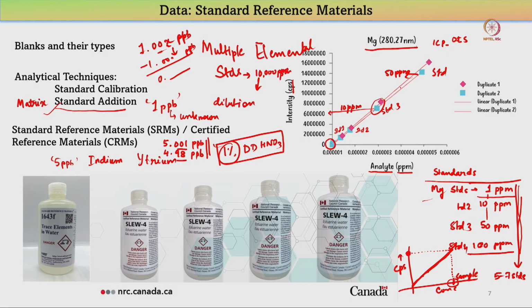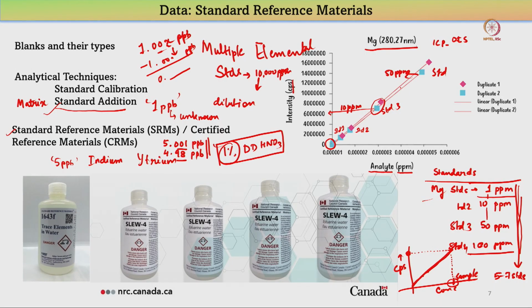Now, how do I validate my entire method? For that there is something called standard reference materials. I am going to analyze certain standard reference materials or certified reference materials as an external sample. It will be run as an unknown sample.